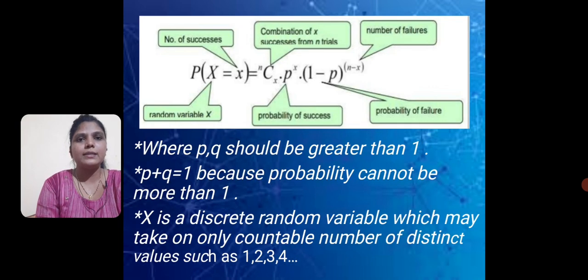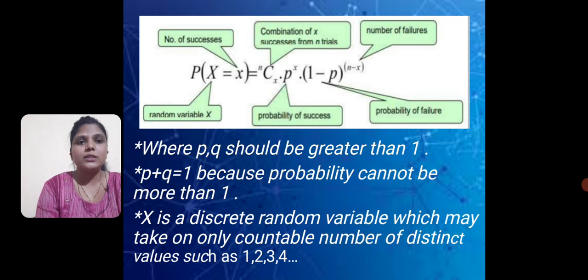In this diagram, we can see the binomial distribution formula. Here, the capital X is a random variable and the small x is the number of successes. nCx means combination of x successes from n trials, where p is the probability of success. 1 minus p, that is the value of q, is the probability of failure, and n minus x is the number of failures, where p and q should not be greater than 1. p plus q is equal to 1 because probability cannot be more than 1.